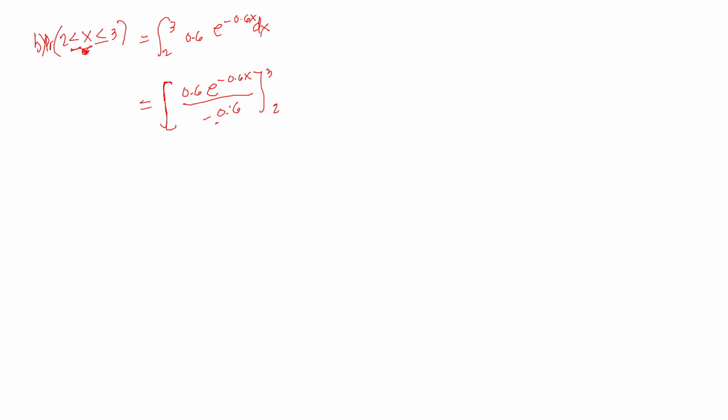That's based on the previous. So cancel: this is e raised to negative 0.6x over negative 1, from 2 to 3. So this is negative e raised to negative 0.6x, from 2 to 3.